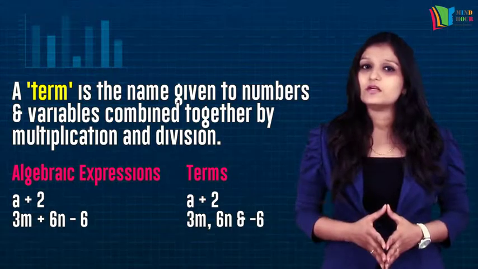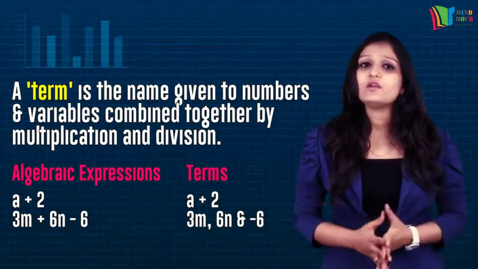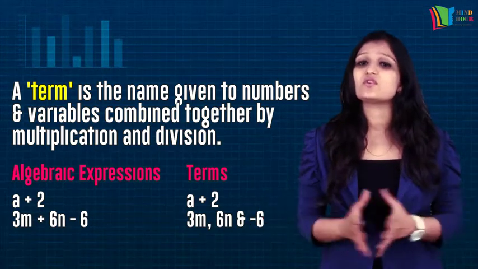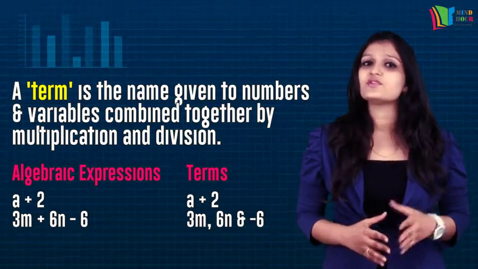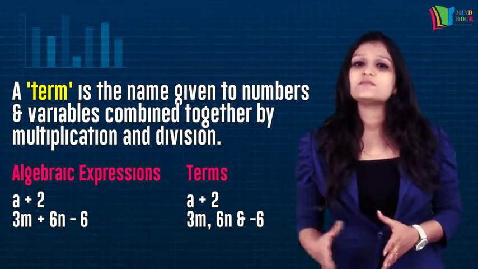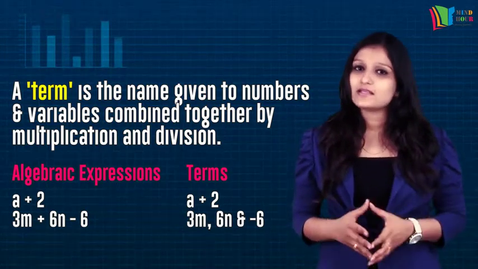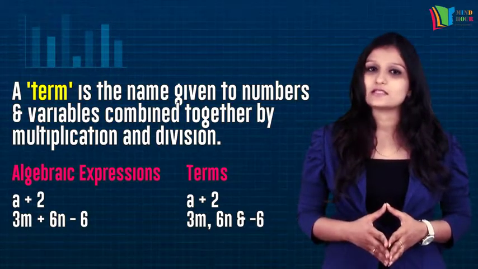What is a term? A term is the name given to a number, a variable, or a number and a variable combined by multiplication or division. For example, in the algebraic expression a plus 2, the terms are a and 2. In 3m plus 6n minus 6, the terms are 3m, 6n and minus 6.